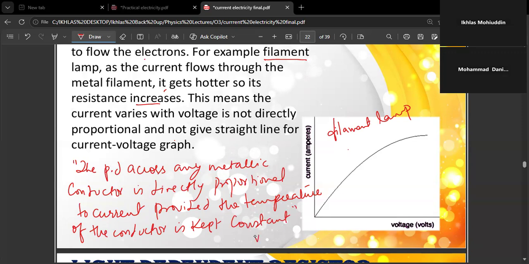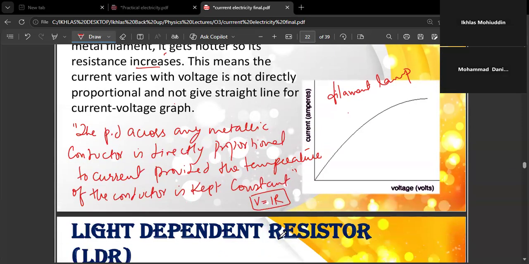So the equation would be V equals I R, voltage equals current multiplied by resistance, right?